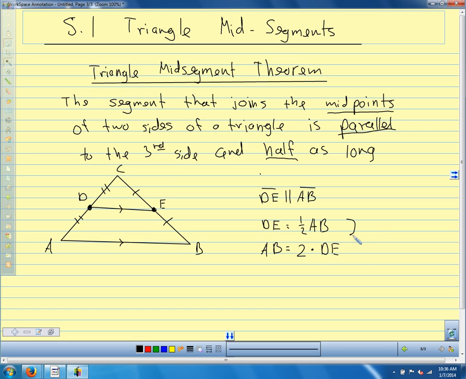So these two things tell us the same thing. So we can think of this piece being half the longer piece, or we can think of the longer piece being twice the smaller piece. Either way works. They tell us the same thing. And when we solve problems with them, we can set it up either way. And sometimes it depends on which one we know as how we want to set it up.